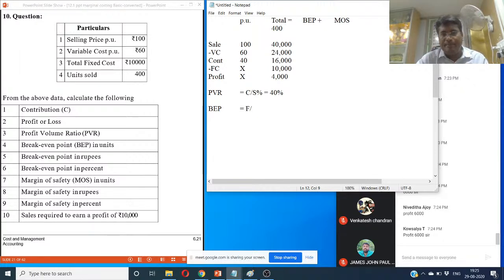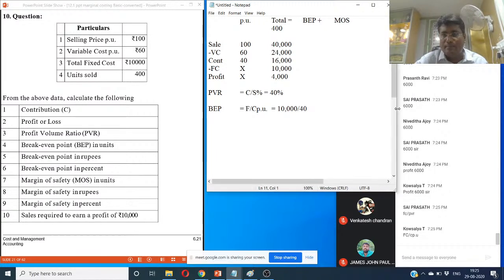Fixed cost divided by contribution per unit, right? Fixed cost being 10,000 divided by contribution per unit being 40 rupees. I am following the formula basis here. Clear?